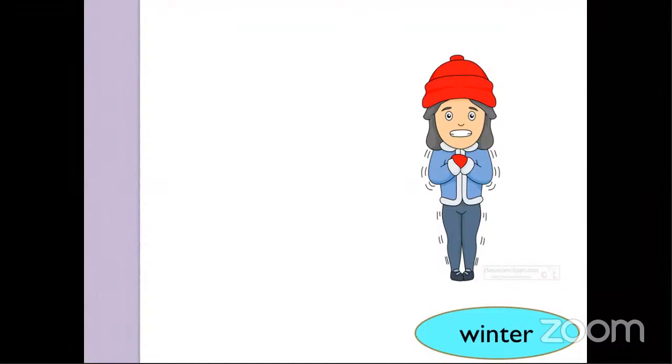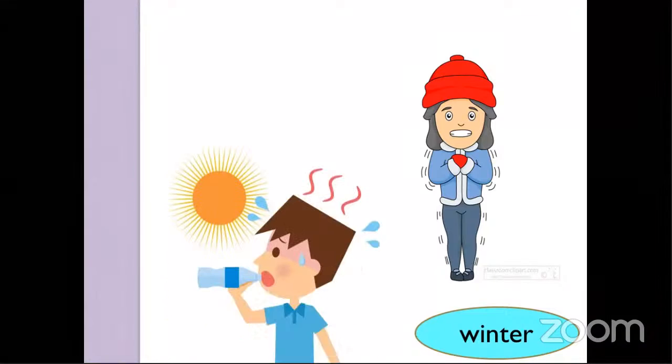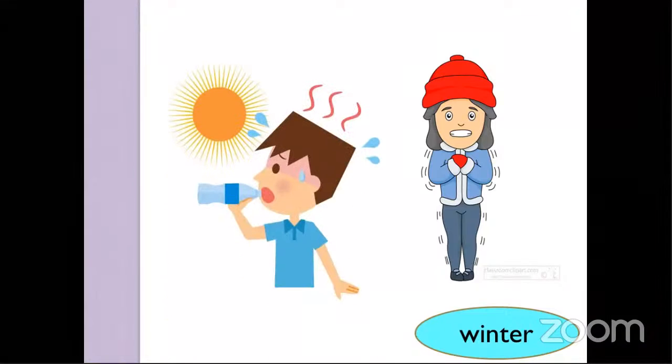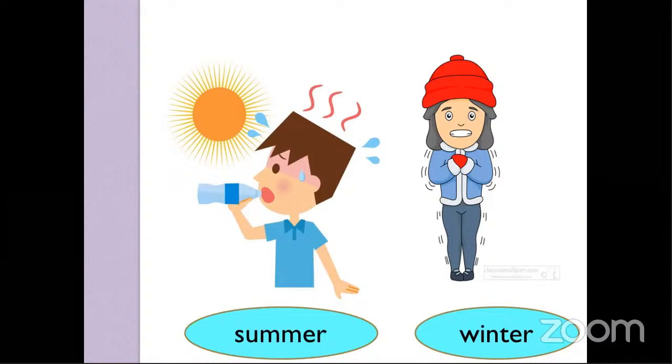In the opposite, what will happen in the summer season? In the summer season, the temperature is very high, very hot. It means that the heat of the sun is different in different weather. We observe it and we imagine it.